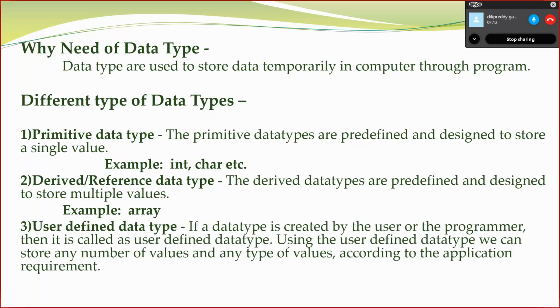User defined data type means, for example, I created a class with four attributes I can use, a custom user defined type. Then, recently, in Java 1.5, they introduced enum. Through enum we can define our own set of values, so we can use it as a data type.